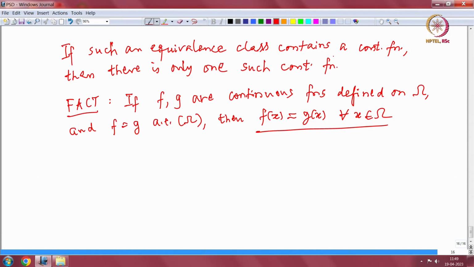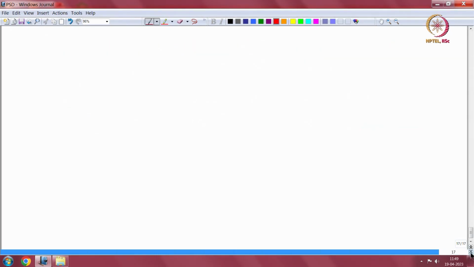But as far as integration is concerned, there is no trouble at all, and it is cumbersome to write equivalence classes rather than just a simple function. So with this convention, let me discuss another important topic.